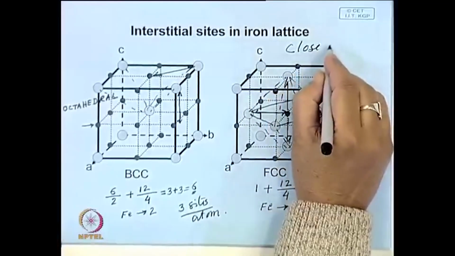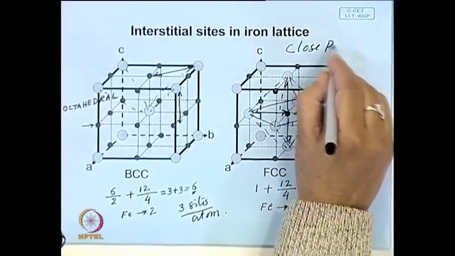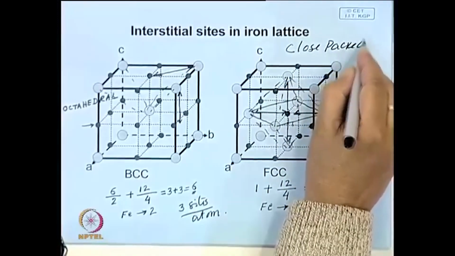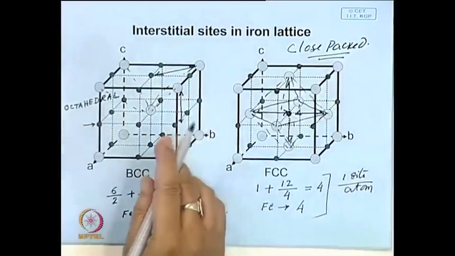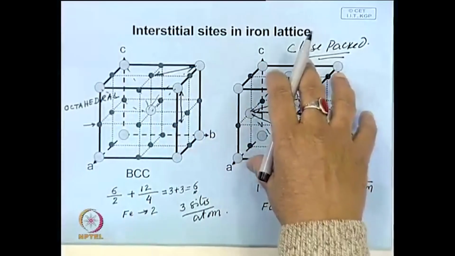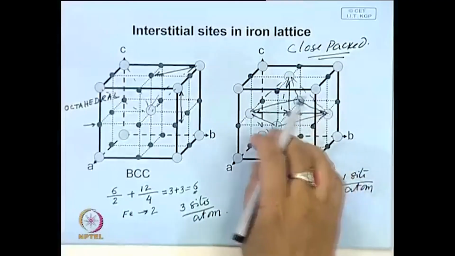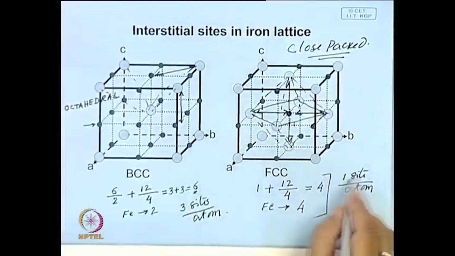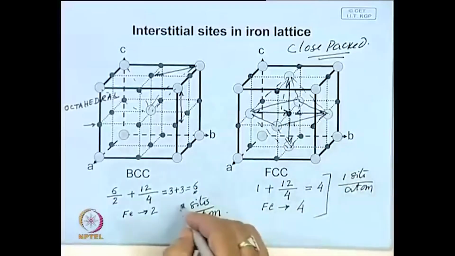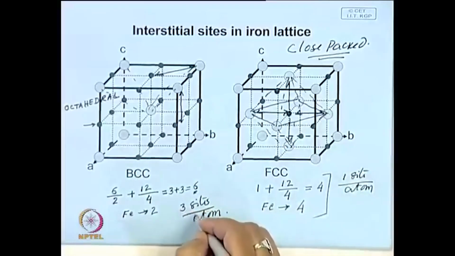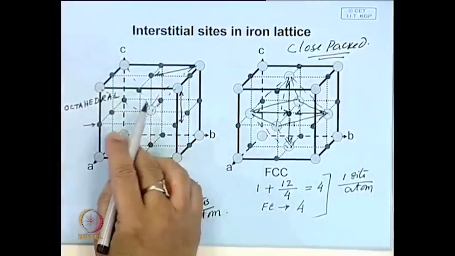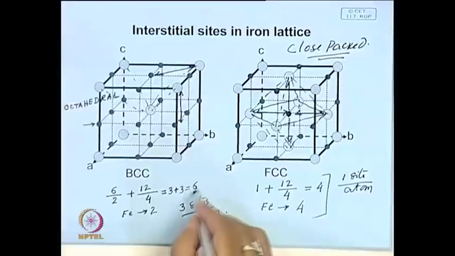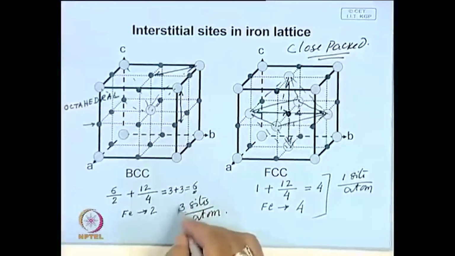It has the maximum packing density, but although the packing density is higher, the gaps are larger, because you have 1 site per atom here and 3 sites per atom in BCC. So, even though the total void space is more here, it gets distributed amongst more sites.